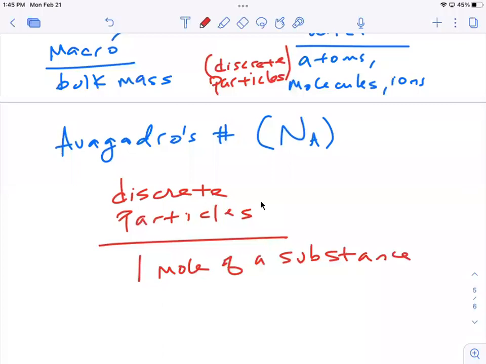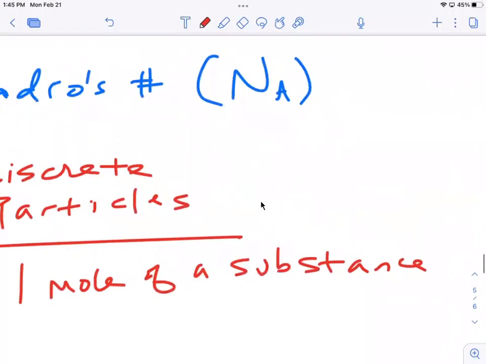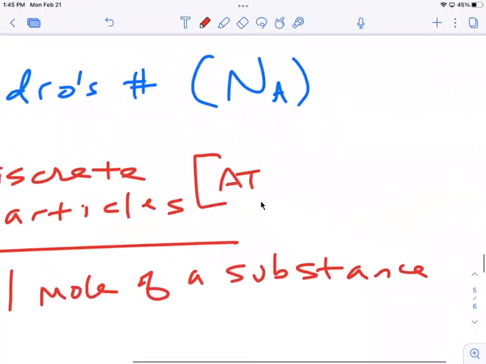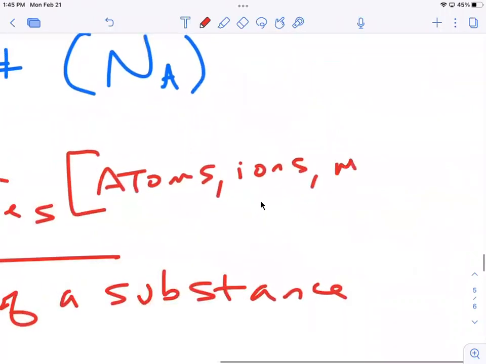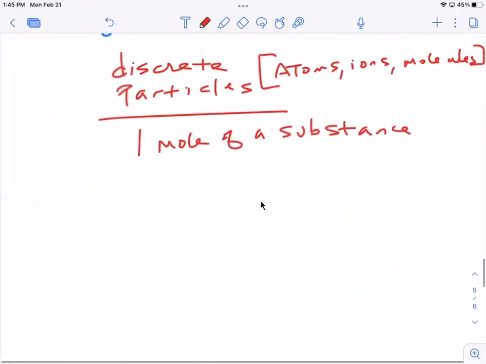So 1 mole of a substance has a specific number of discrete particles that it is made of. Depending on what particle you are looking for, that's the particle that you'll put up top. So this can be, again, atoms, ions, or molecules, right? It's all interchangeable. It doesn't matter what you put there.